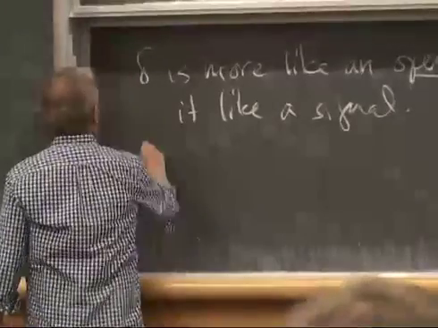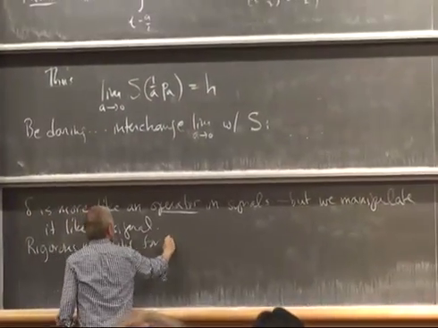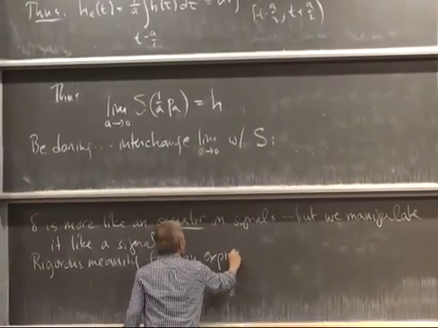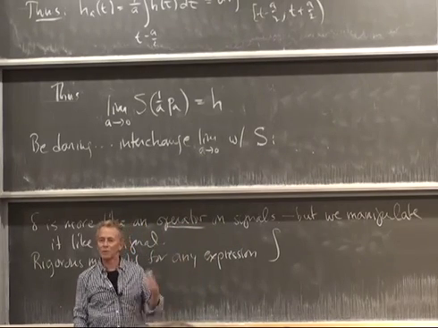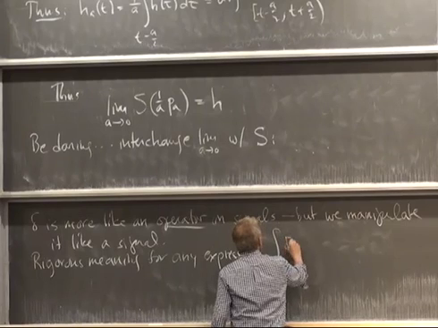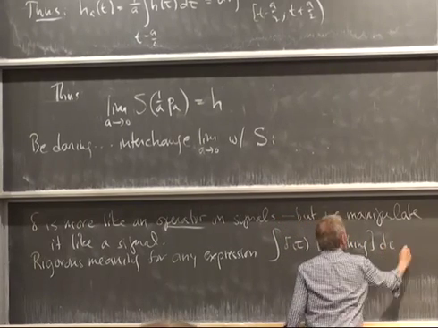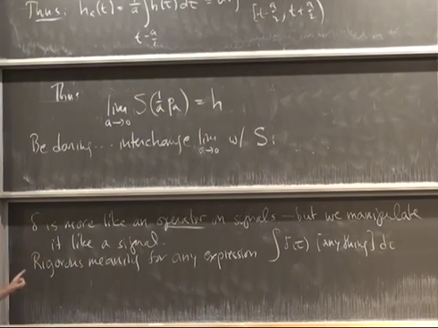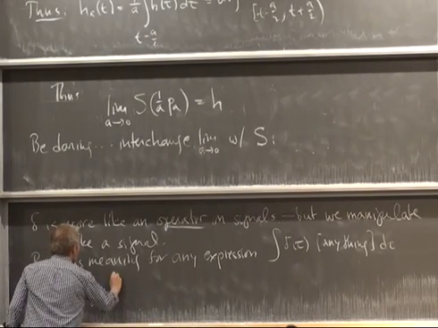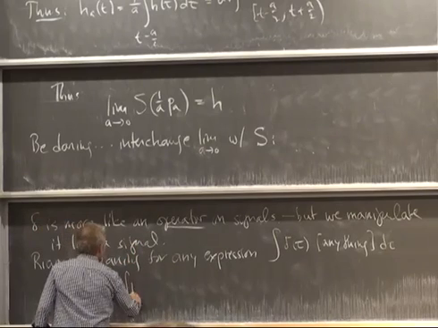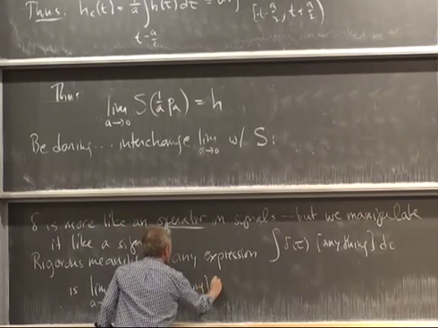Okay, so here's a rigorous meaning. For any expression of the form integral, and the integral can be over any interval, minus infinity to infinity, or a bounded interval, or whatever, if you see a delta of tau and anything else, d tau, the rigorous meaning for that expression is the limit as a goes to 0 of 1 over a, integral over whatever interval it was, p_a of tau times that anything, d tau.